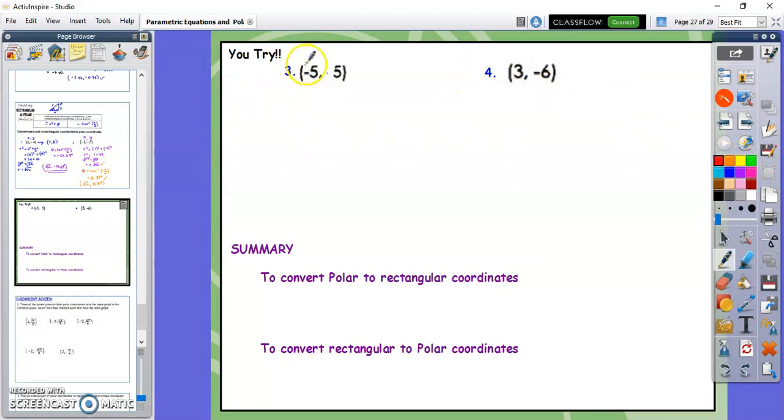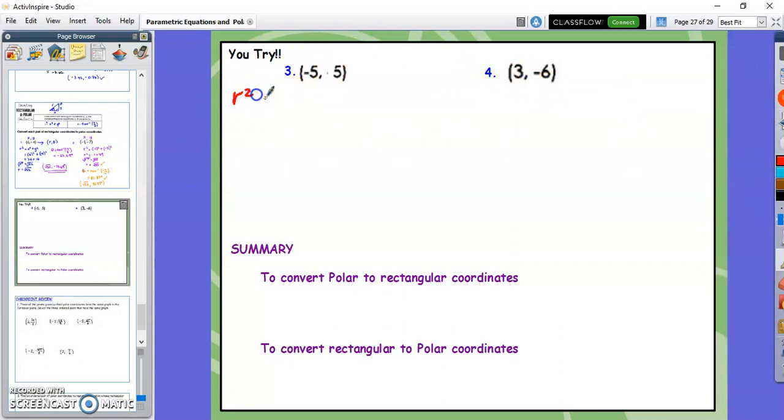I'm going to do the same thing. r squared equals negative 5 to the second power plus 5 to the second power. r squared equals 25 plus 25, which gives me 50. So taking the square root of both sides, my r is going to be equal to root 50.